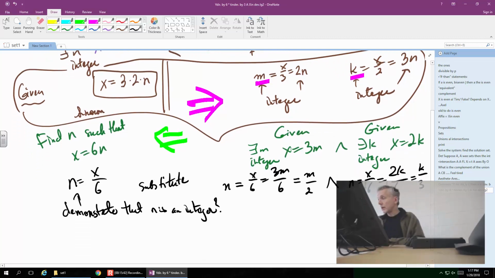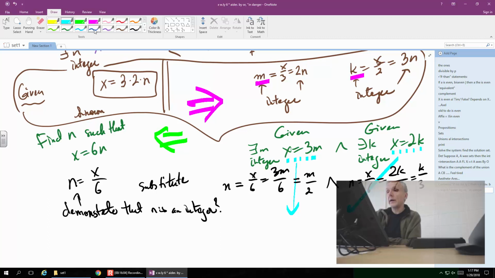Maybe dividing is actually premature. Maybe we are actually better off looking at these. That's the same x, and we know that x is an integer.